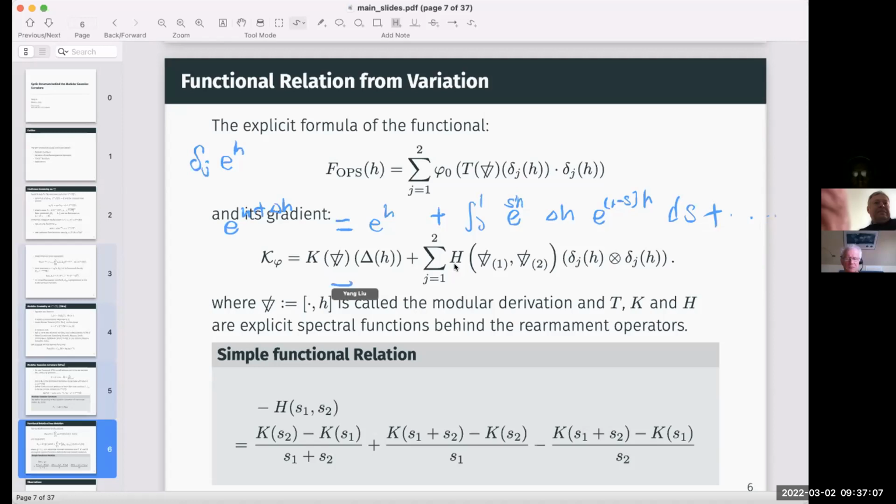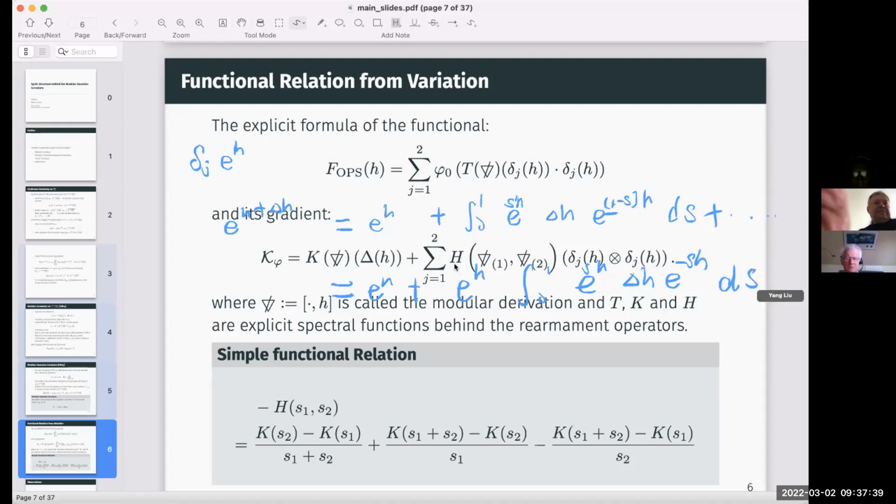Then we can factor out e to the h, so you have e to the h plus e to the h times the integral from 0 to 1 of e to the s of h, delta of h, e to the minus s of h, ds.